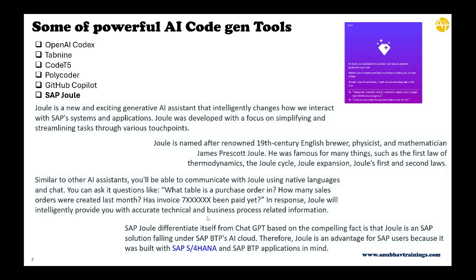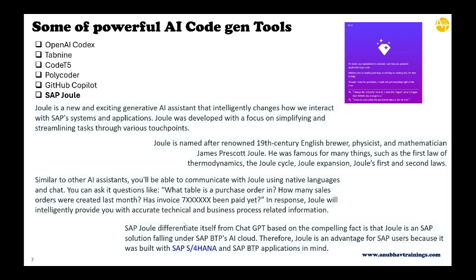So somebody might think I can use ChatGPT or Codex to generate the code, but the problem is those tools are not very familiar with SAP specific applications, because SAP applications are more complex in nature and they also follow specific business processes according to ERP. SAP has trained Joule by analyzing millions of lines of code across the globe over all their ERP implementations. So it is very powerful and accurate in terms of SAP ERP.